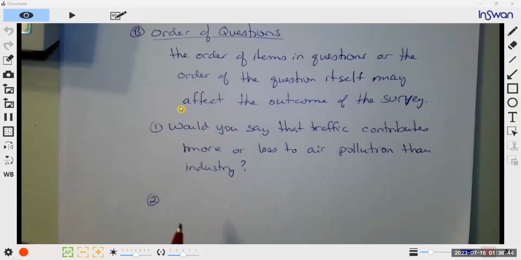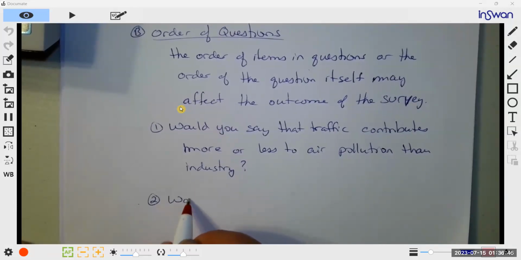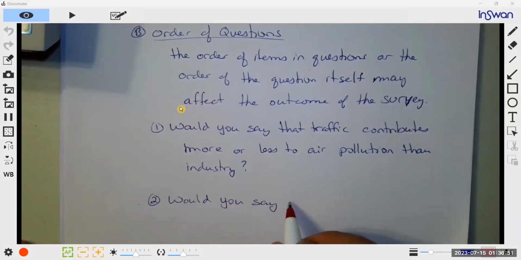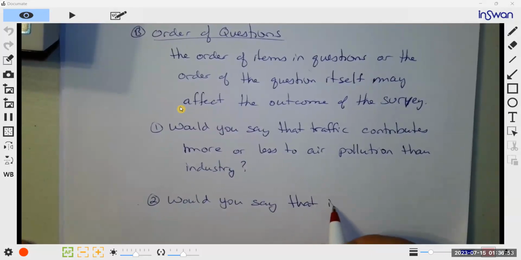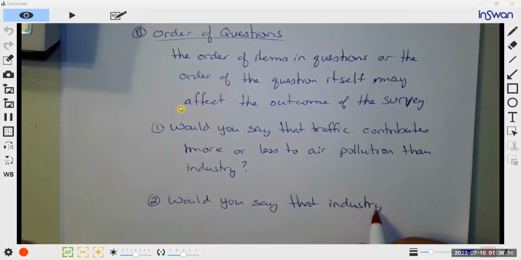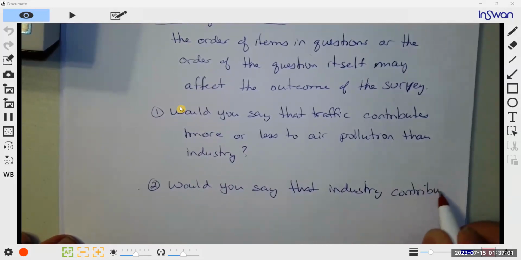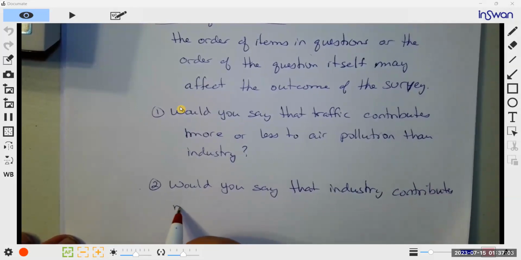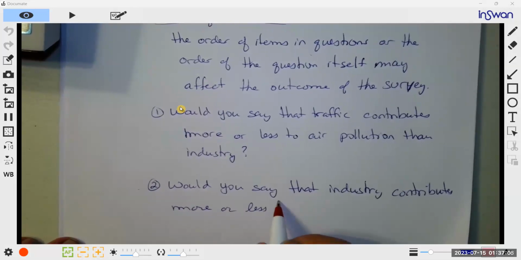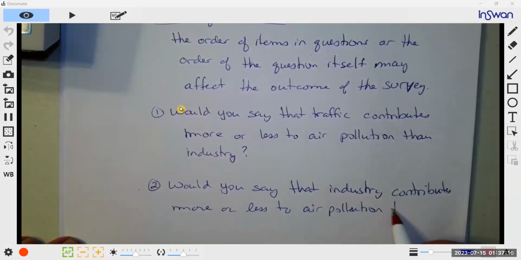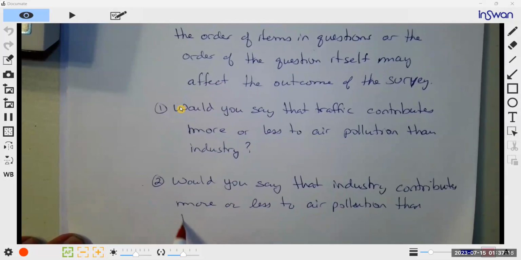Okay, or another way you can write it. Would you say that industry contributes more or less to air pollution than traffic?